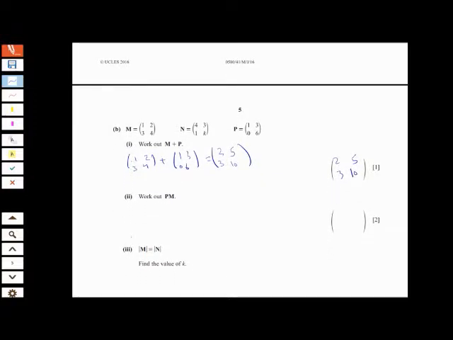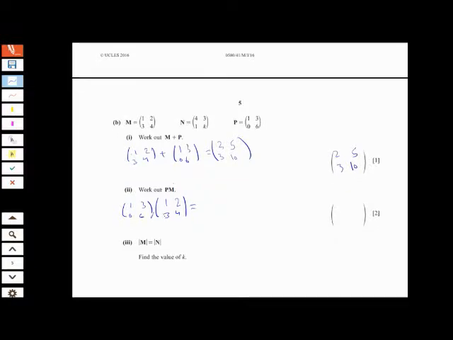Alright, P is (1, 3; 0, 6), and M is (1, 2; 3, 4). Make sure that you write these matrices in the order that they gave you, which is P first and then M, because that differs in matrices, unlike normal numbers.